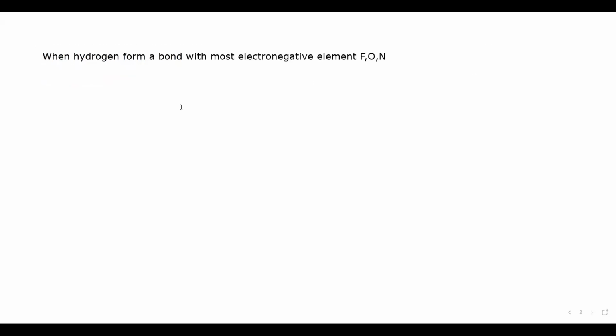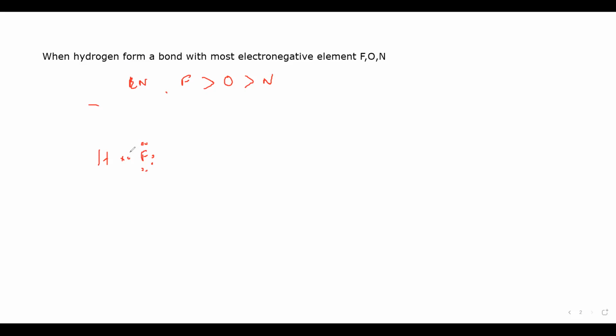Look, what happened, like if I say hydrogen forms a bond with fluorine. So there's a bond between hydrogen and fluorine. When we compare the electronegativity, fluorine is more electronegative than oxygen, and oxygen is more electronegative than nitrogen. Now, when hydrogen forms a bond with fluorine, they will share one electron each.